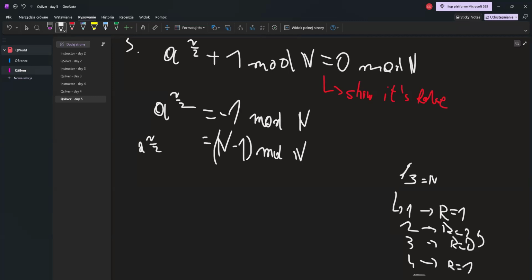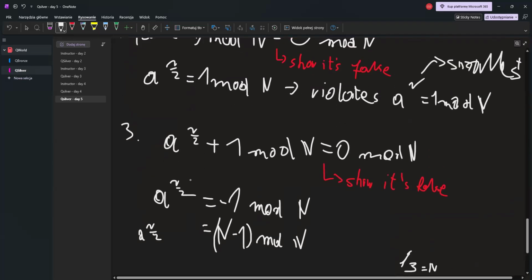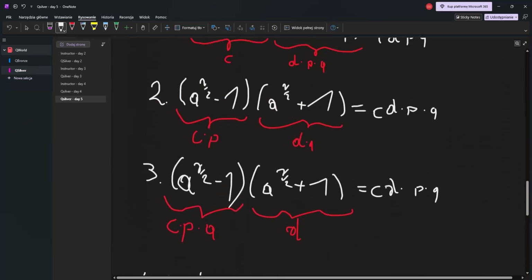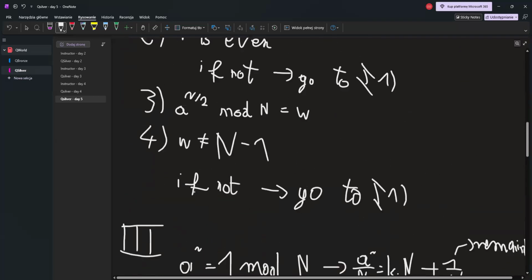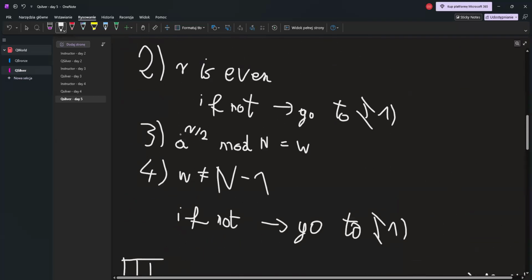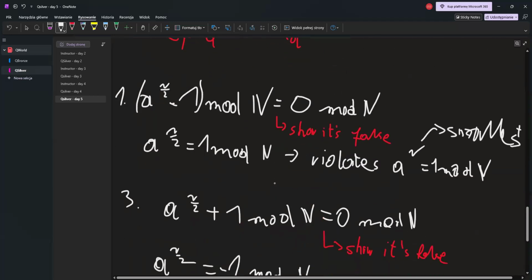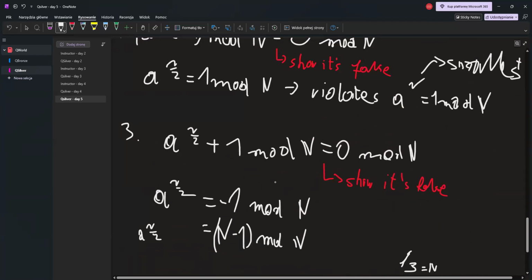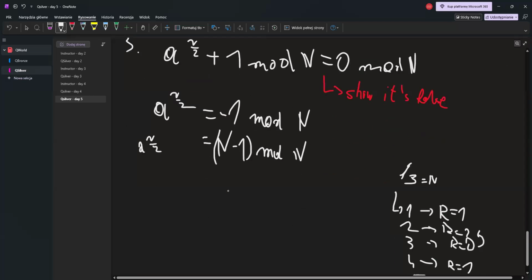And okay, this is also not true because we also checked whether this number is equal to n minus 1. Yes. So this constraint was needed to get rid of this third case.